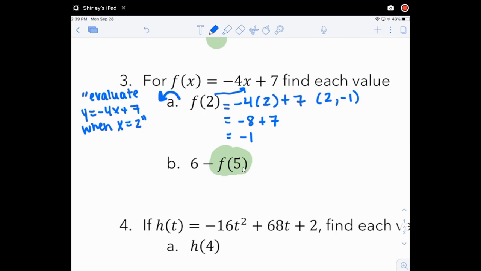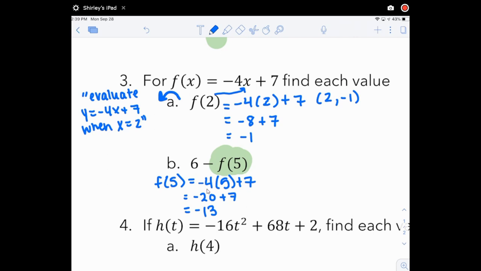So f at 5 is equal to negative 4 times 5 plus 7. Multiply first, so I get negative 20 plus 7. Subtract them, 13, but keep the negative sign. So f at 5 is equal to negative 13.